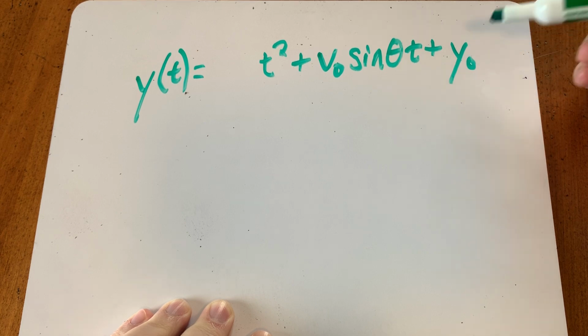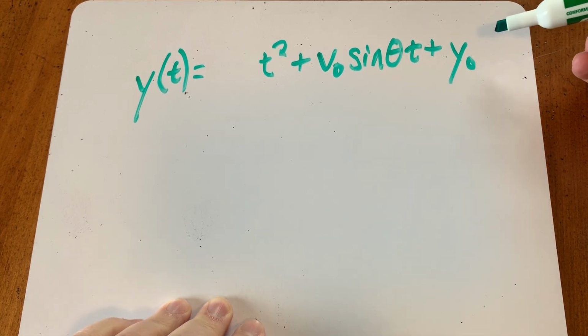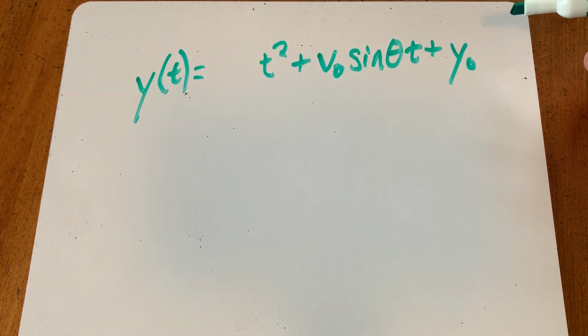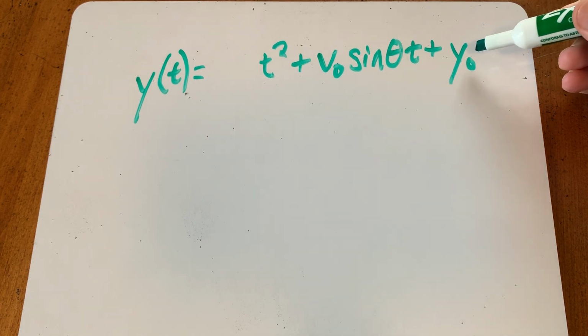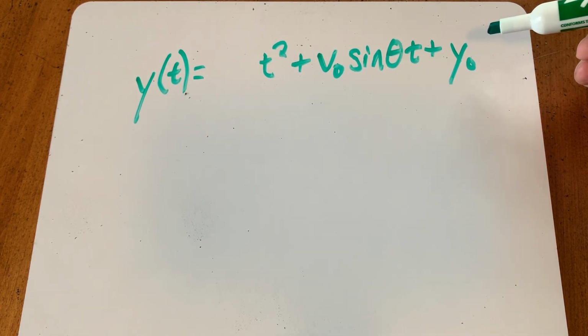The initial height, if you're not given an initial height, like say someone threw a ball and they don't tell you how tall that person is, you just assume that it's 0. We know it's not 0 if we were doing a word problem where the stakes were higher.